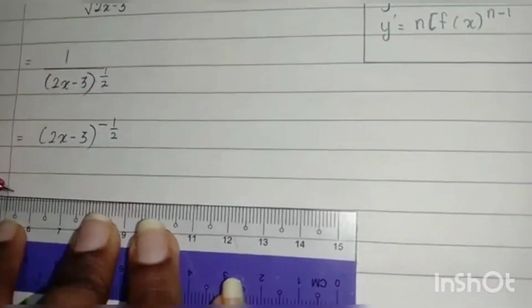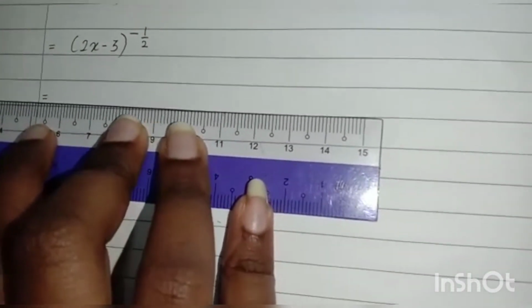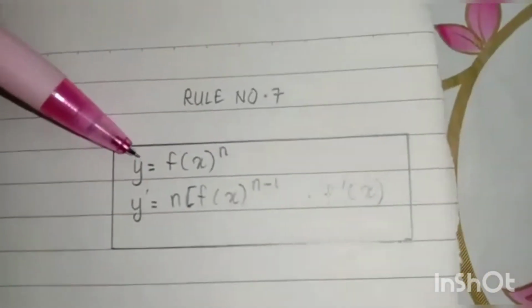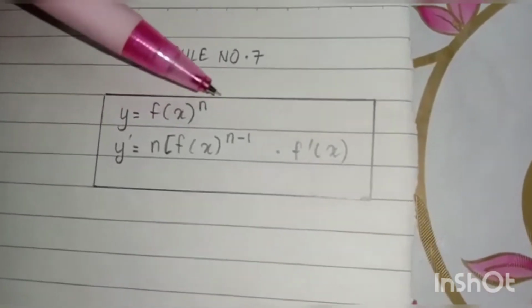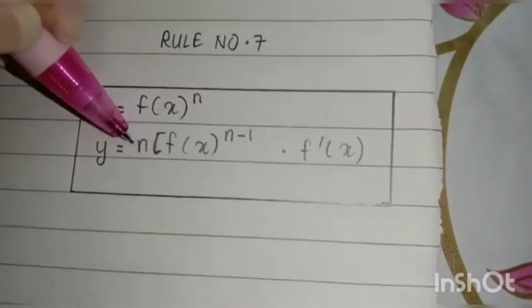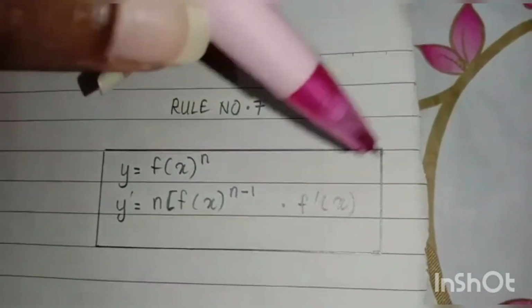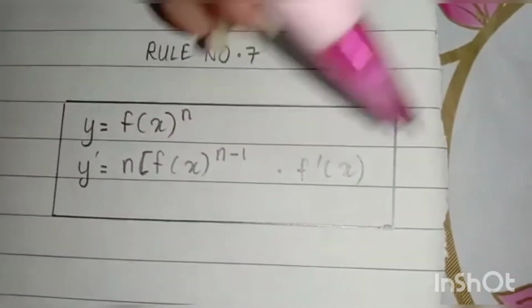The next step is we need to use rule number 7, which is y equals f(x) to the power n. The n will be brought to the front, then n minus 1, and we differentiate the x and multiply.